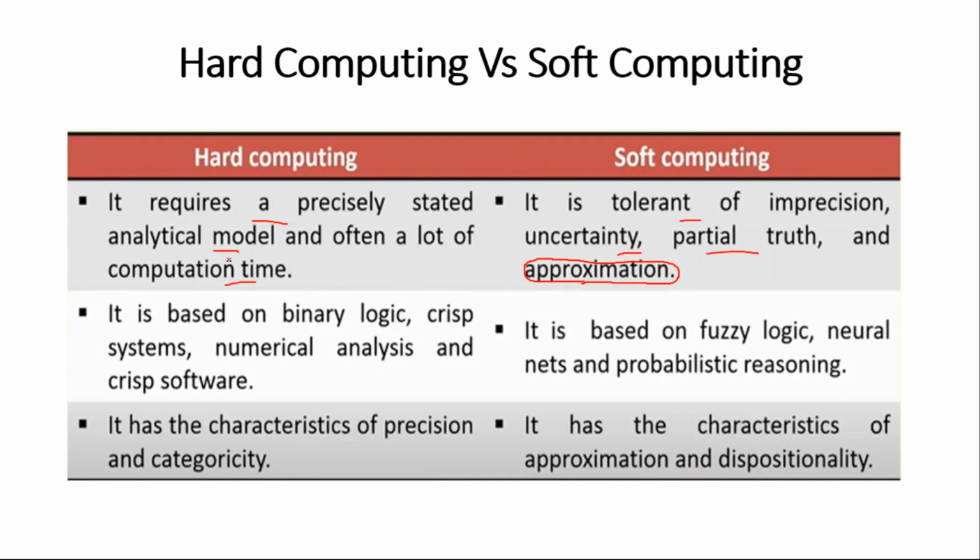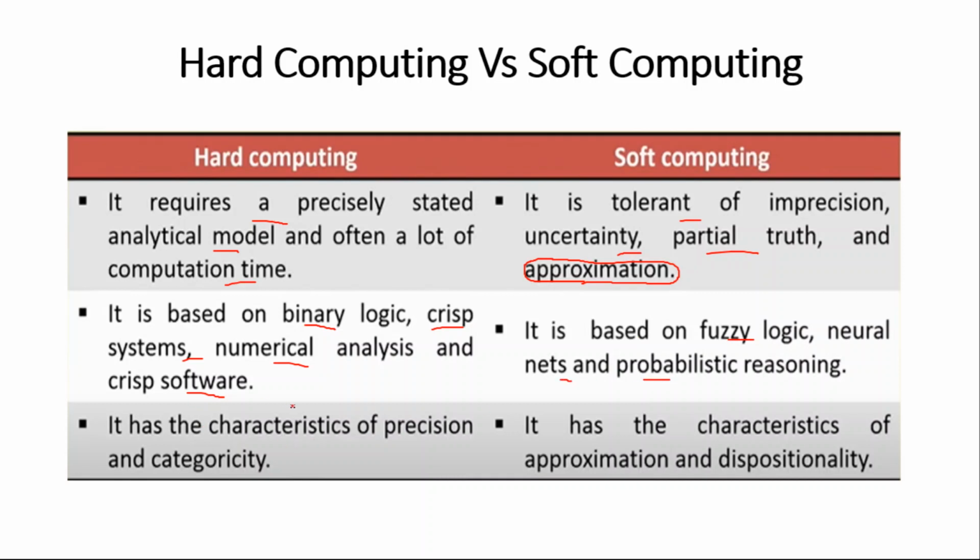To implement hard computing, we use binary logic, crisp systems, numerical analysis, and crisp software. That is, your result should be accurate. Crisp means the systems which provide accurate results. Whereas soft computing is based on fuzzy logic, neural networks, and probabilistic reasoning.